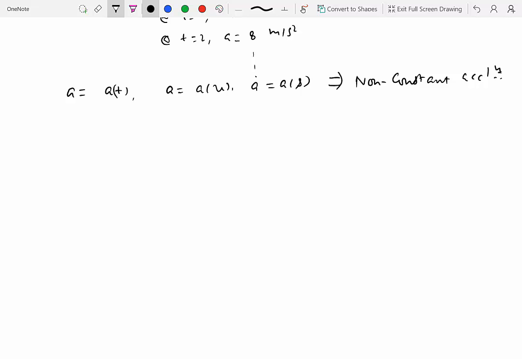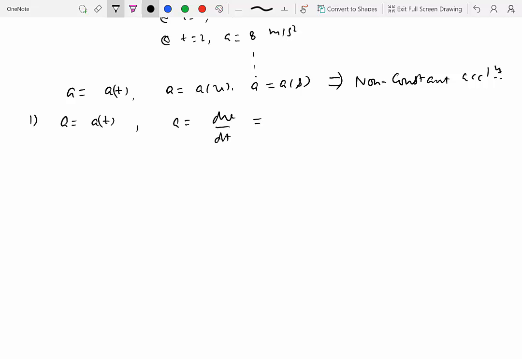So let's deal with each of these cases one by one and see how we can get to our requisite equation. The first one is acceleration as a function of time. If acceleration is given as a function of time, then everything for the acceleration will be in terms of the time variable. And we know that the basic definition of acceleration is dv over dt.